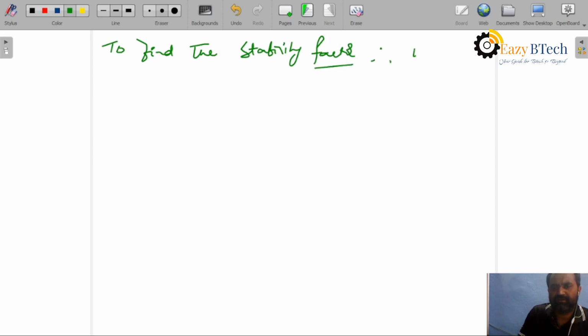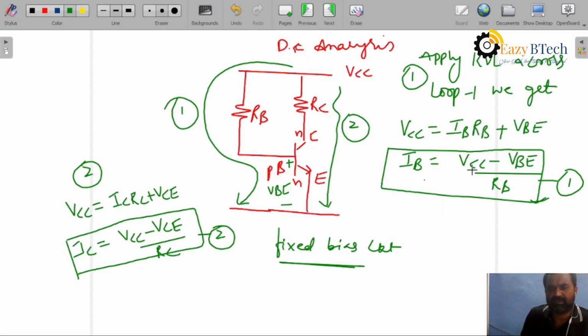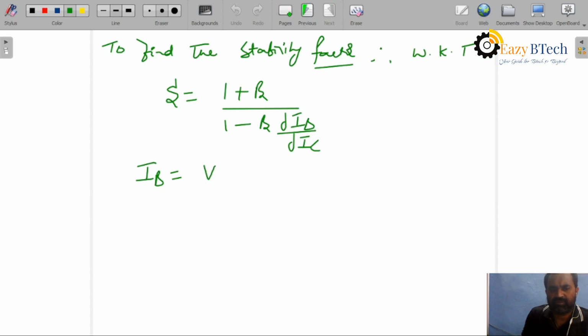We know the equation for stability factor: S is equal to 1 plus beta by 1 minus beta dou IB by dou IC. Now this is an expression. From the previous expressions we can write IB is equal to VCC minus VBE by RB.